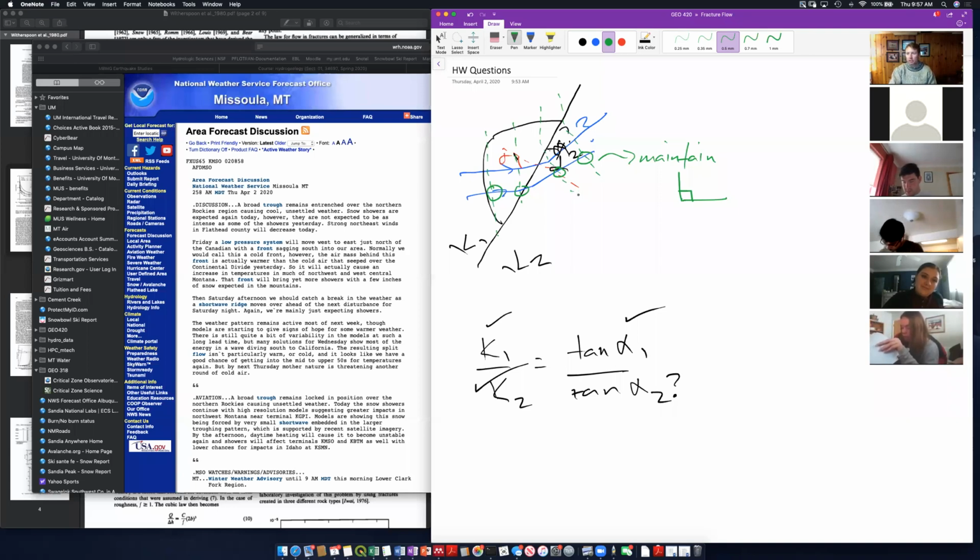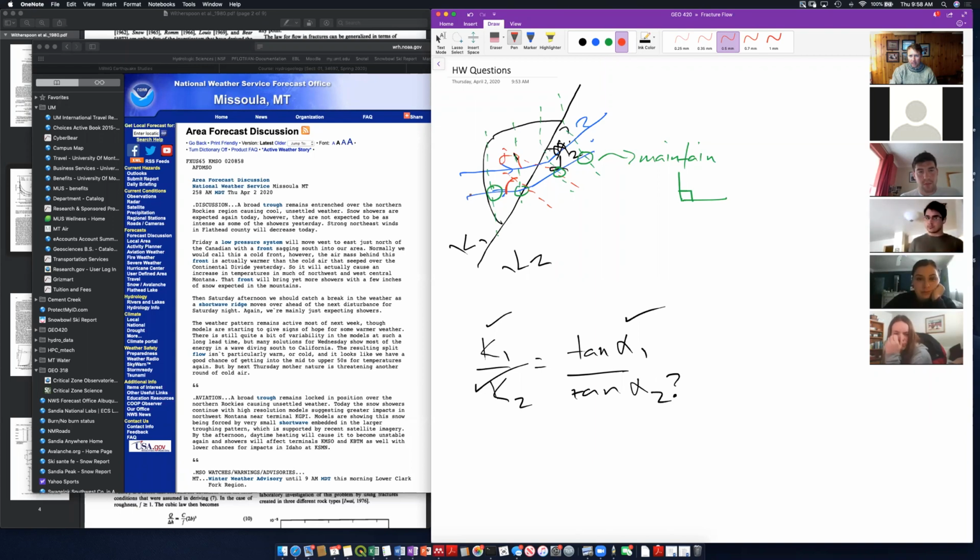Does that answer your question, Jacob? Yeah. So I understood how to solve for your second angle. My question was, when choosing which angle to use for your alpha 1, when estimating based off your flow paths and how they interact with that boundary, what angle to use there. Because there's a few different places you could choose to be your alpha 1. Well, this alpha should be the same. Alpha 1 is defined by this angle.